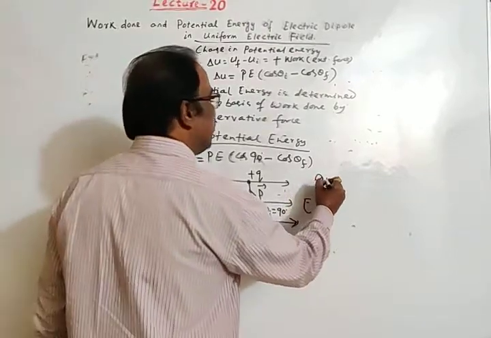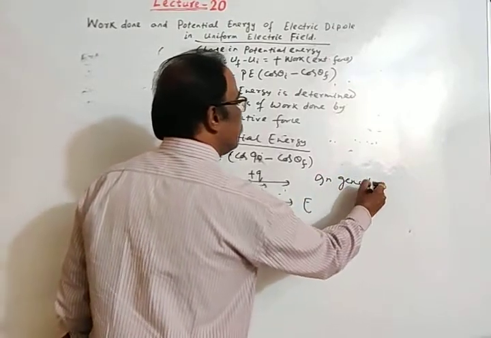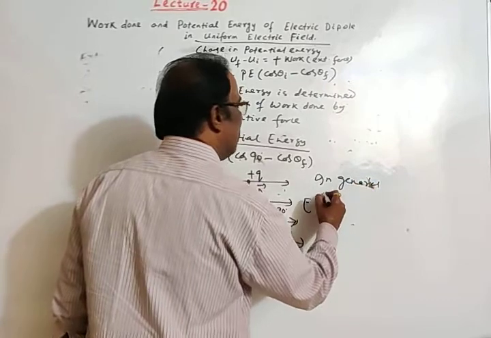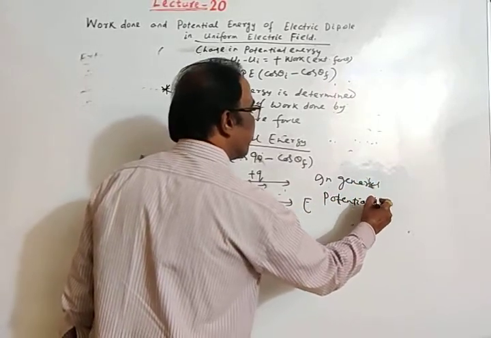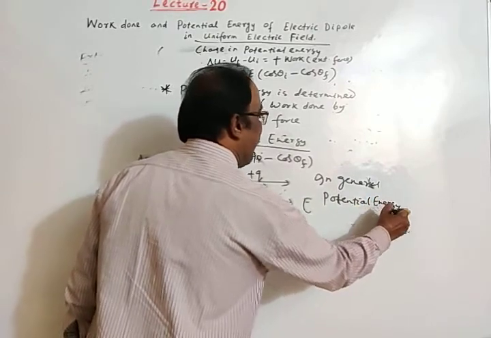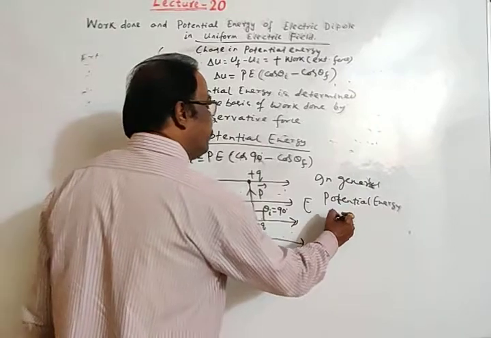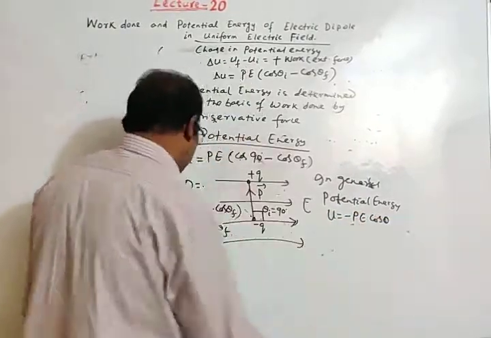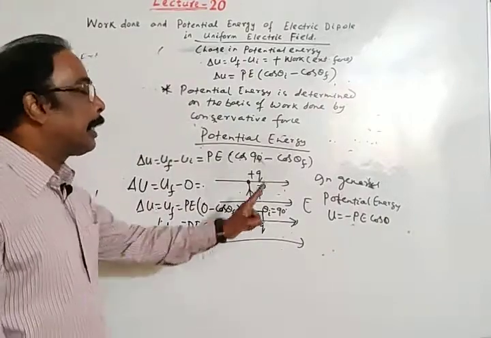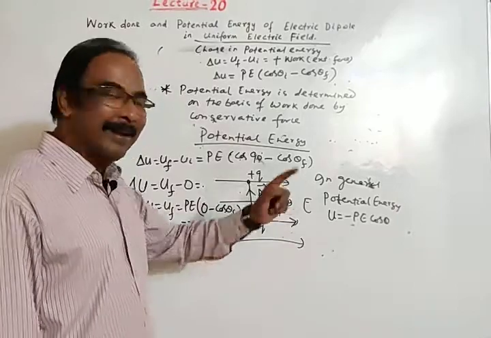So in general, the potential energy at any position theta of a dipole, we may write U is equal to minus PE cos theta, where theta final is theta.